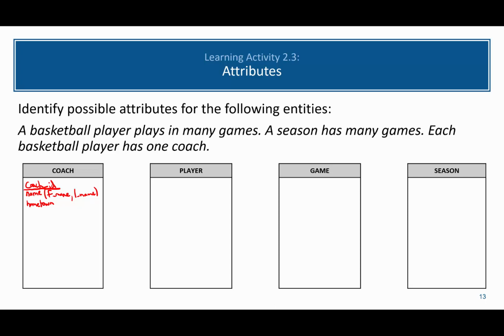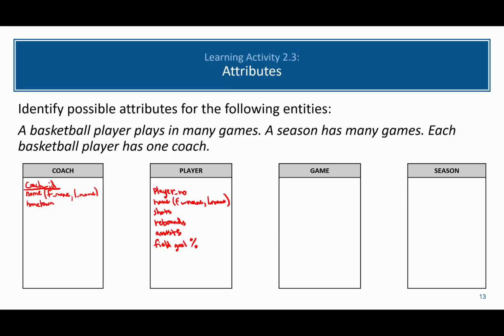Let's go to player. So player, we have player number, we have name, so first name and last name. We could have shots, rebounds, assists, field goal percentage, etc. Now, these shots are going to be a total for however long that player has played.